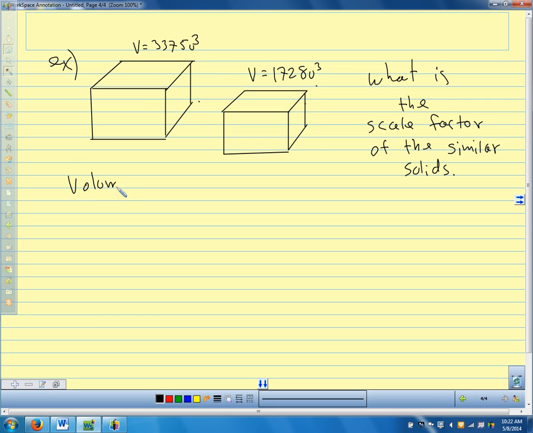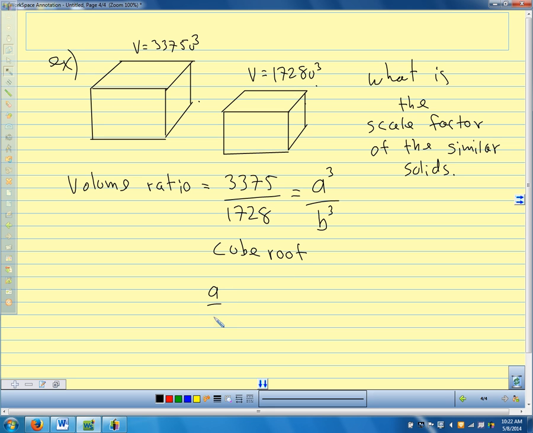The volume ratio equals 3375 over 1728. And our volume ratio we know is a cubed over b cubed, where a over b is the scale factor. So how do I get from the volume ratio to a over b? What do I do to get from the volume ratio to the scale factor? Cube root. So I'm going to use the cube root.